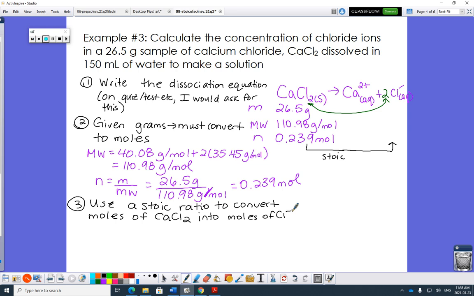Why did I choose chloride? Because that's what the question says, okay? So I could have chosen calcium to find the concentration of, but again, the calcium has a coefficient of 1. Maybe that's a little bit too easy.